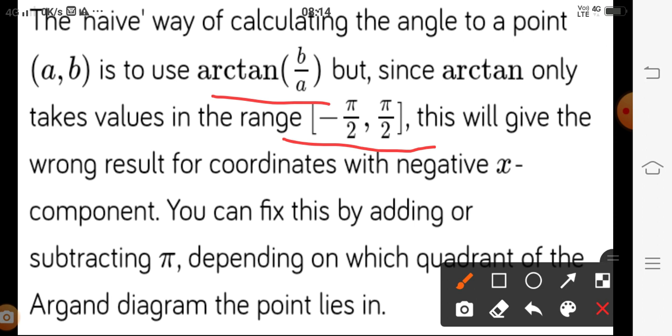Sometimes we get the wrong answer in these kinds of questions because we have a negative x component. If you get the x coordinate negative, then you may add pi to the given angle, and then easily you get the correct argument for the given question.